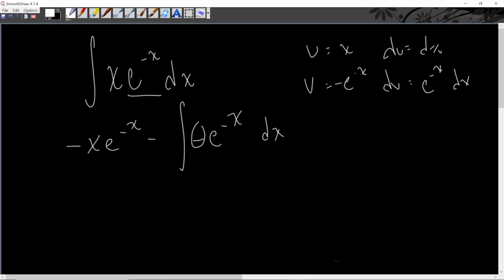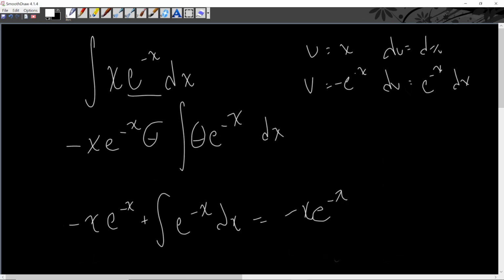Alright, so we can just have these become a plus: negative x times e to the negative x plus the integral of e to the negative x dx. And since we already showed the work for this, we know that this is just going to be negative x times e to the negative x minus e to the negative x plus c.